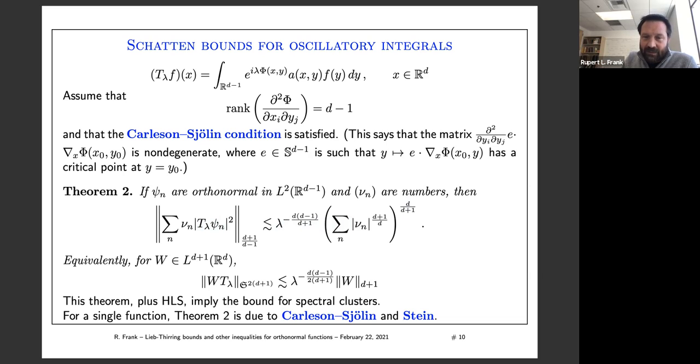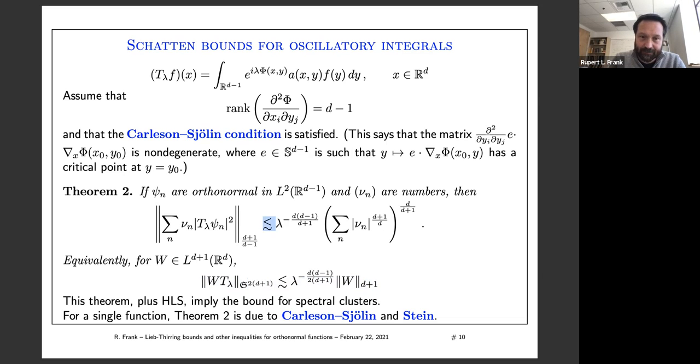And again, you can think of this in a dual form, the way we're using this, where you look at these oscillatory integral operators and multiply them by W and talk about their trace ideal properties. So let me say it again. If you have a single function, this thing is just the theorem of Carleson-Sjölin and Stein. So that's this inequality here for a single function.